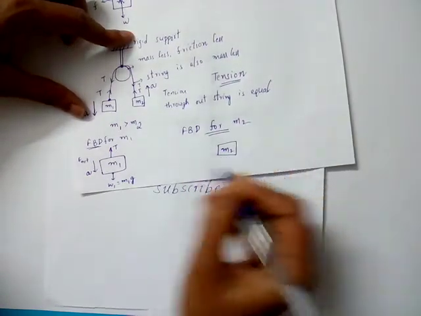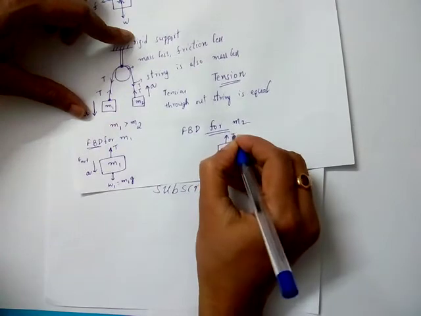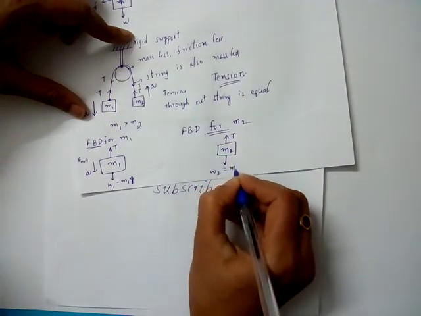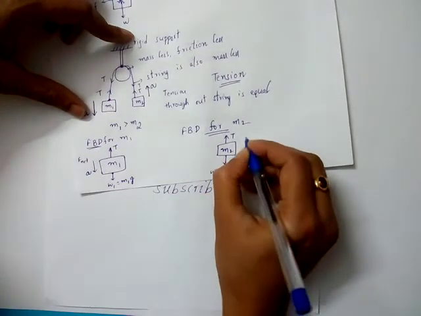So M2, same forces: tension will be acting upwards and weight of the body will be acting downwards, M2G, and acceleration is upwards. This is very important, to take the direction of acceleration, and in these cases we have to take uniform, identical acceleration, the same acceleration for all the blocks. Okay, this is the simplest form. That's why these are the constraints you have to consider.